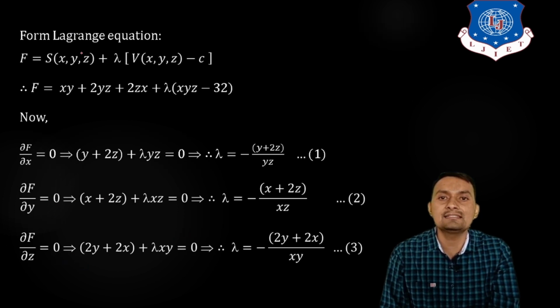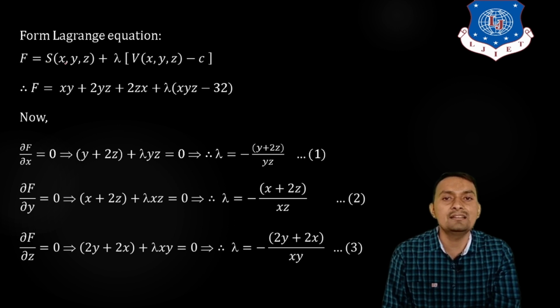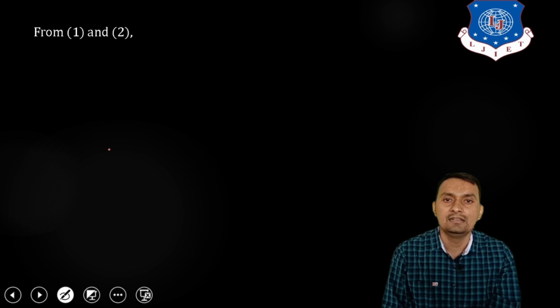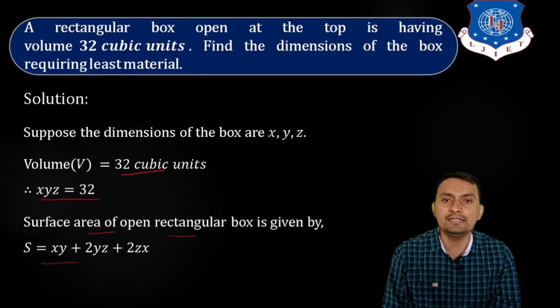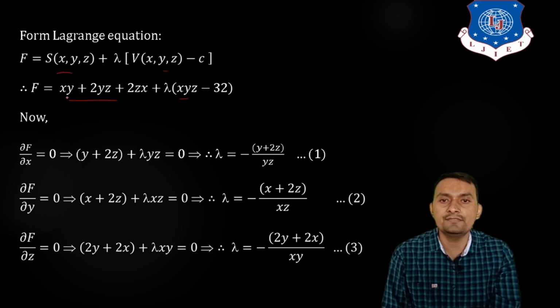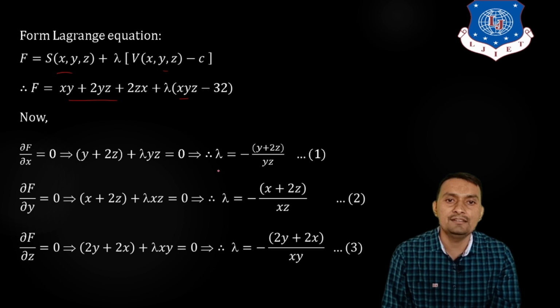For the Lagrange equation, we are going to consider F equal to S plus lambda times (V minus a). S is there, and you can also replace it. Whenever you see del f by del x equal to 0, we need to consider the partial derivative of this with respect to x, and from this we can say lambda is equal to something.